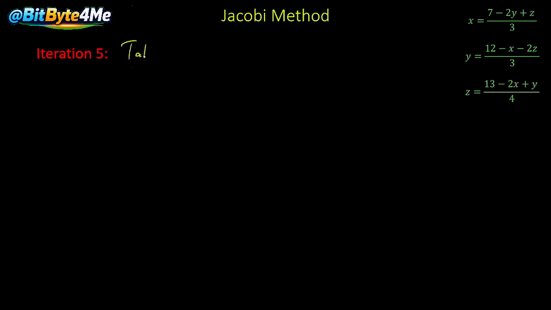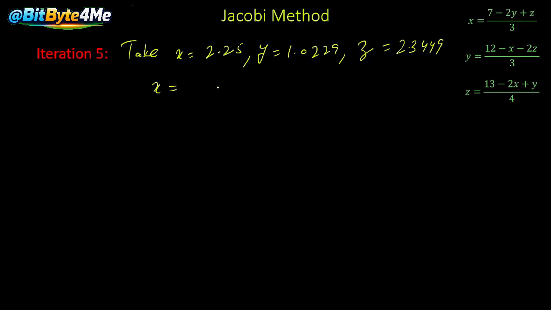Take x is equal to 2.25, y is equal to 1.0229, and z is equal to 2.3449. So put these values in this equation, you will get the value of x as 2.4529.